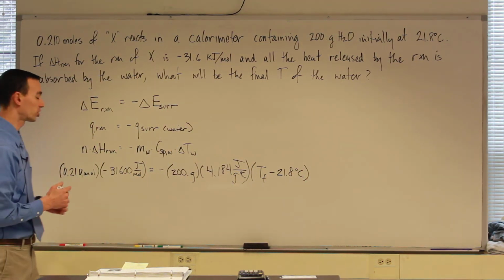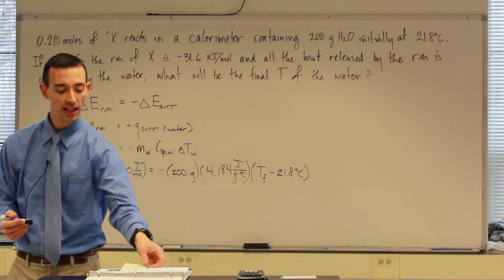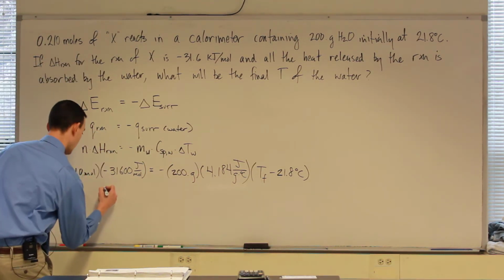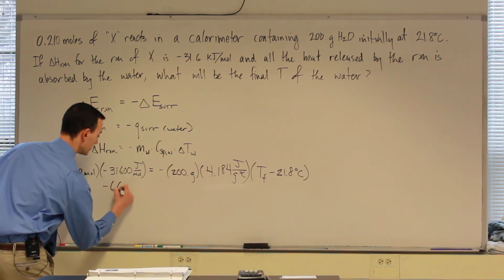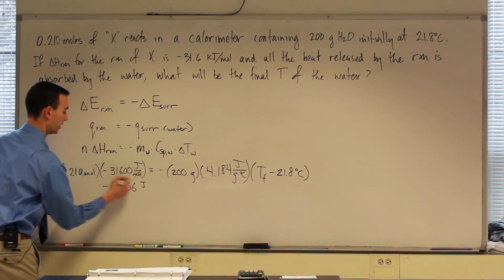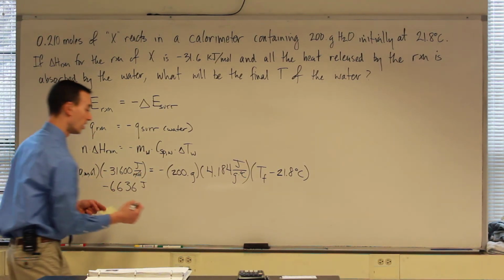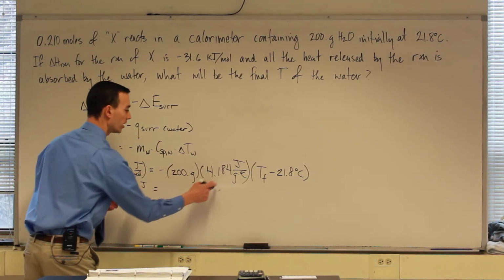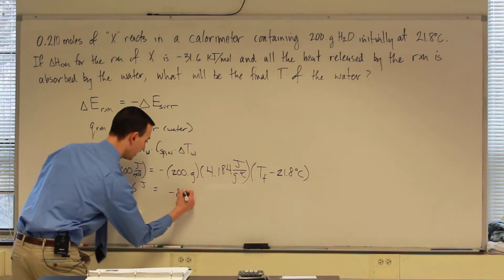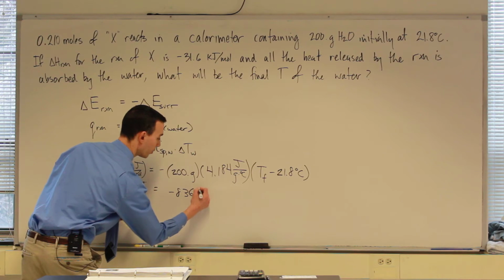So I have a little bit of algebra to do here. On the left side, when I multiply these two out, I get negative 6,636 joules. The per mole part has canceled, technically. On the right side, the 200 and the 4.184 give me 836.8.